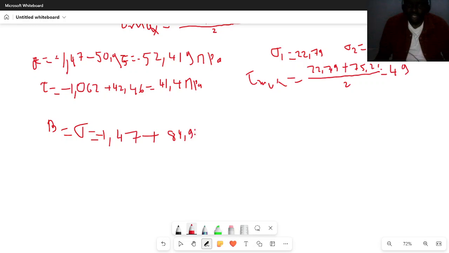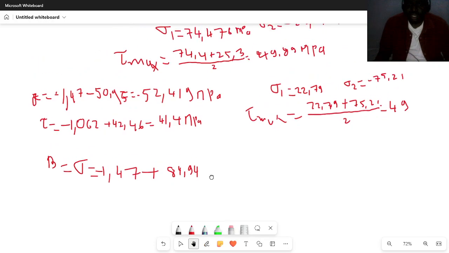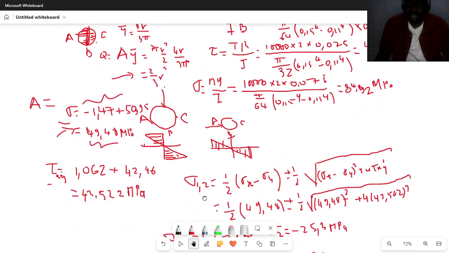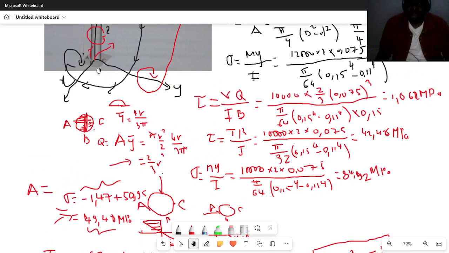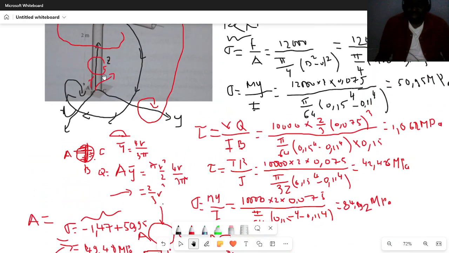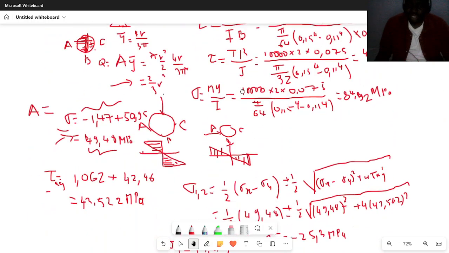Now, the good thing is the effect of the shear stress due to the force, this formula of V, will not apply at B, because the force is actually at B. B is on the neutral axis, so these will not have any effect at B. So definitely we are only going to use the shear stress due to the torque. That is 42.46.